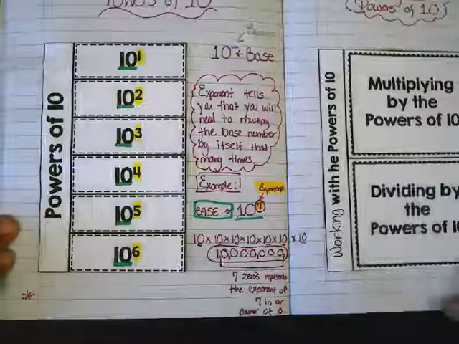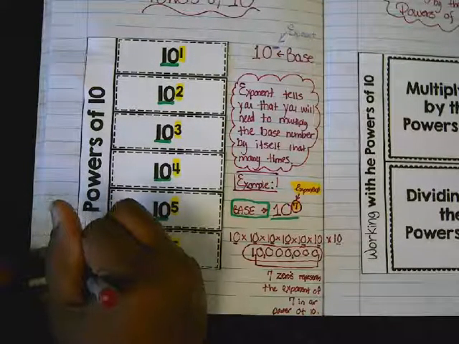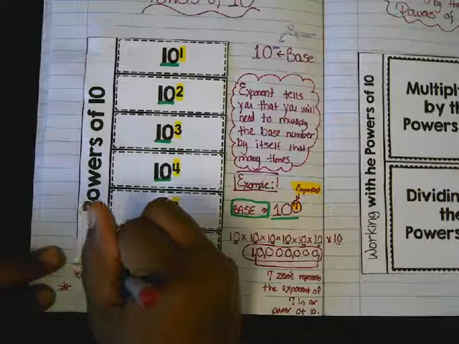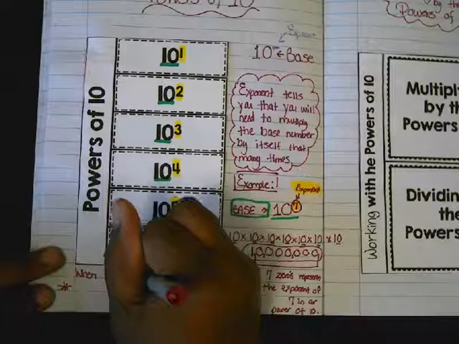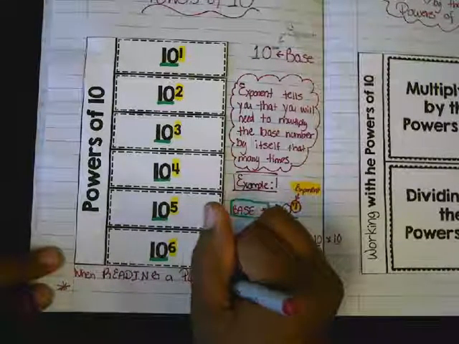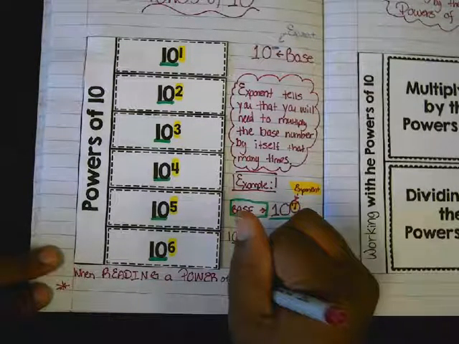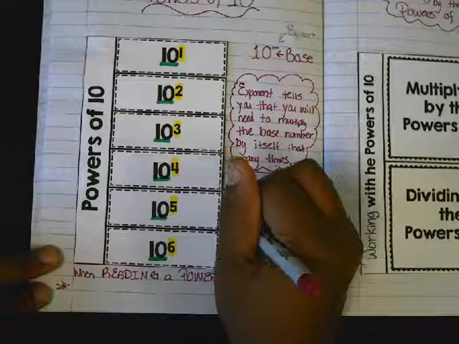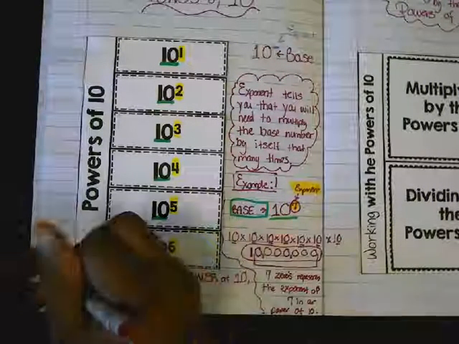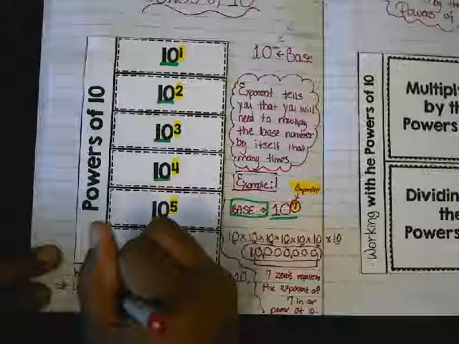Now, when reading a power of 10. Let's block all this in so we don't get mixed up. You can say this.